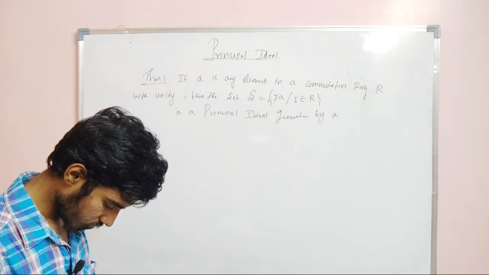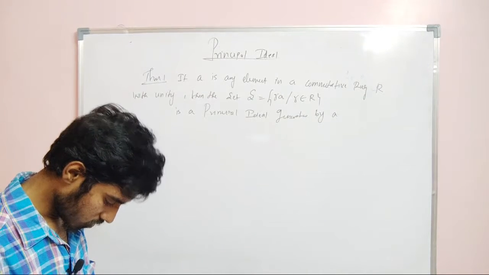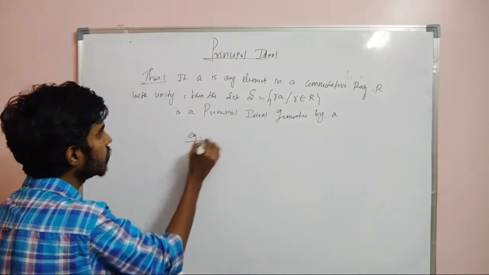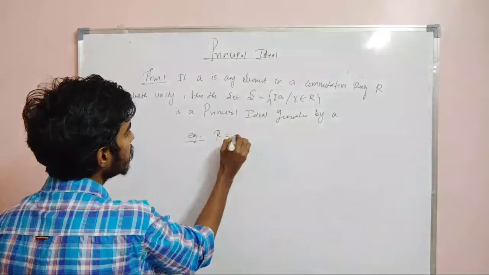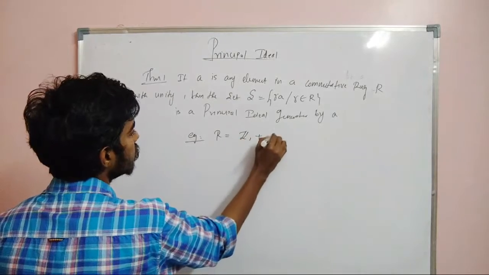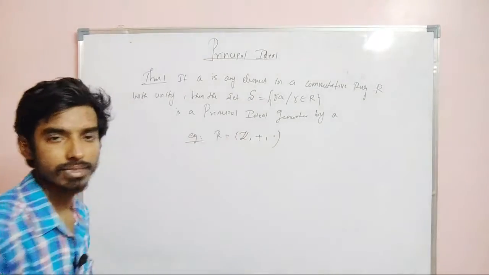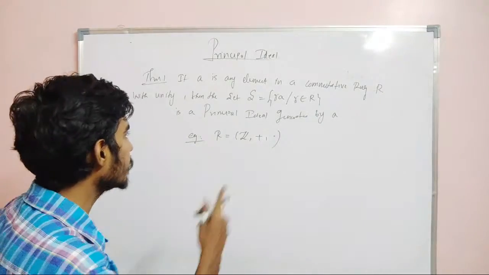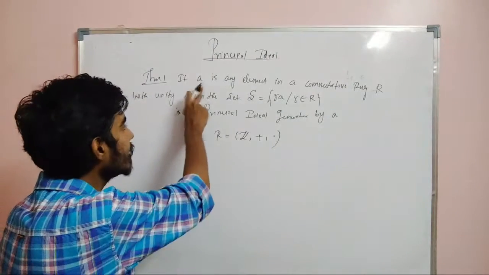Now, let me give an example. Let us take the commutative ring R to be the integers. This is a commutative ring with unity because it has 1 in it, and it is also commutative.